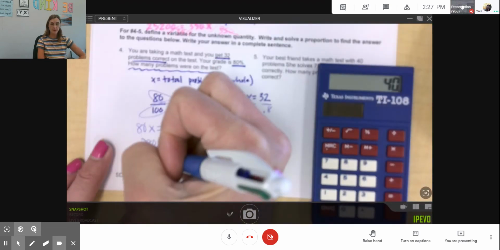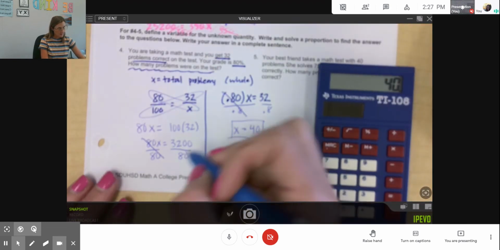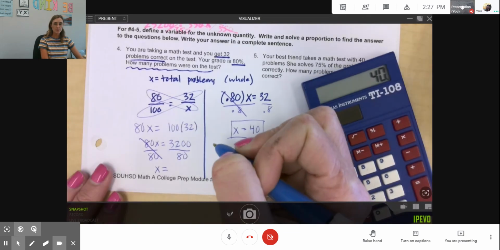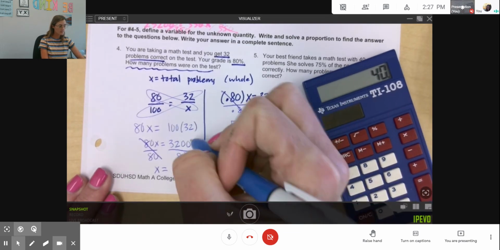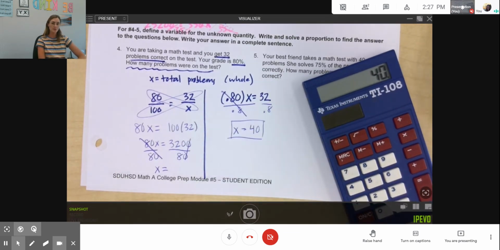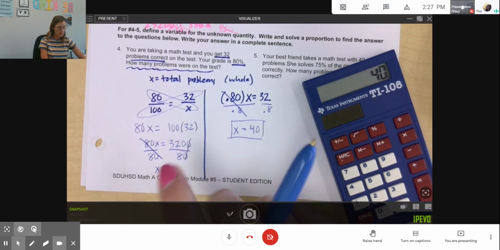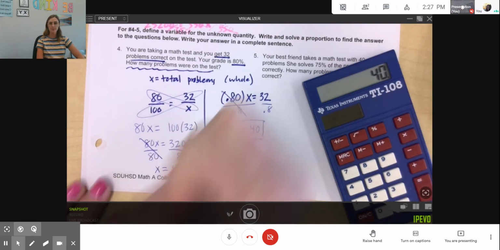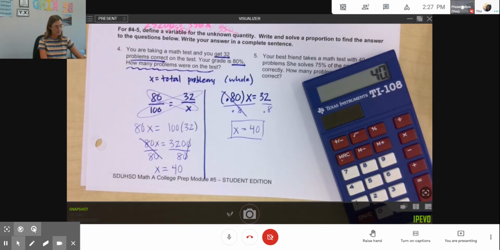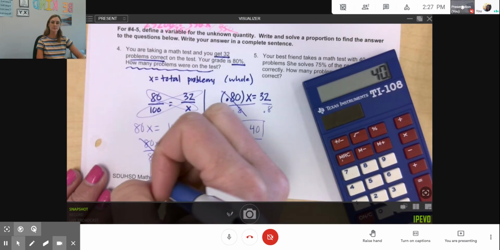So that will cancel, and I will just have x is equal to, whenever you have the same number of zeros on the top and bottom, you can actually just cancel because it's just simplifying it. And then 320 divided by 8, I always think, okay, well, what's 32 divided by 8? I know that's 4, and then I can add a 0. So again, we're getting the same answer.